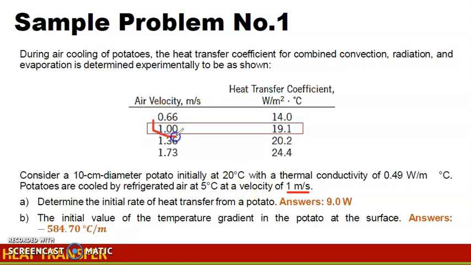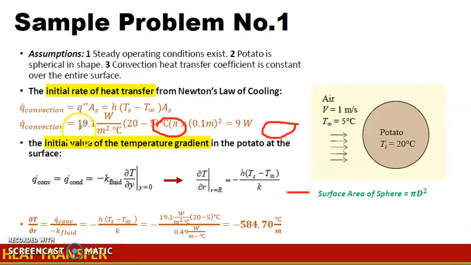And at 1 meter per second, from the experiment, the value of the heat transfer coefficient is 19.1 watts per meter squared Kelvin. That is why we use h equals 19.1, because we evaluate it at an air velocity of 1 meter per second.